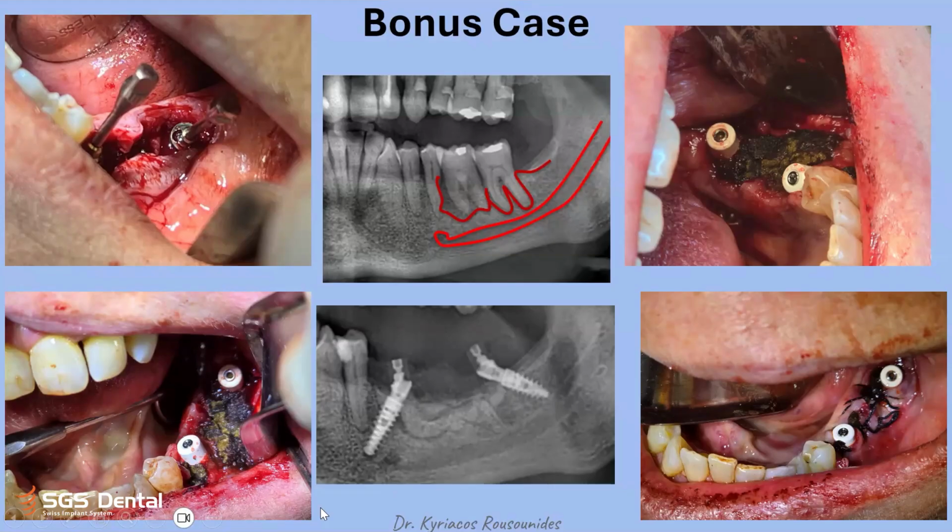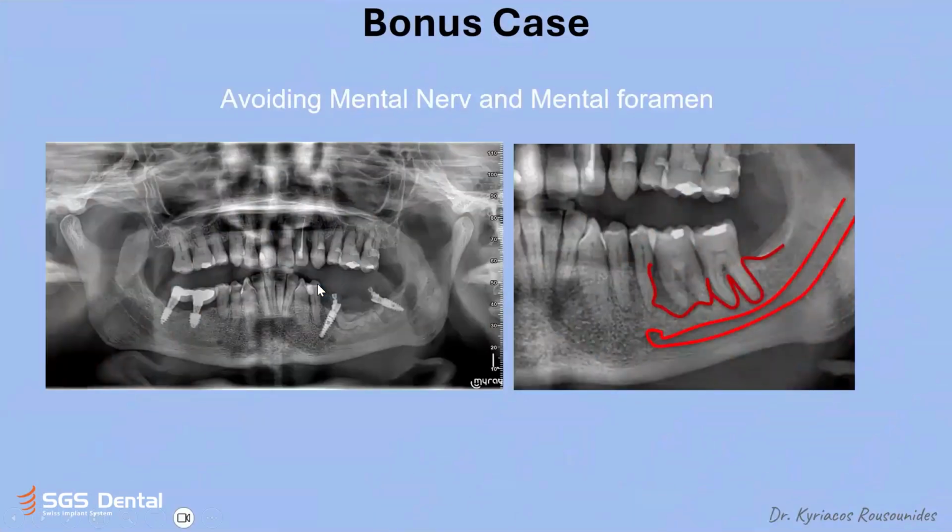And you see how parallel this is, and what I mean is that the angulation of 45 was actually not enough. The restoration will be in position, but it is not as preferable as I would like. Here again, the limitations and the final result, and we avoided the mental nerve and the mental foramen at the same time.